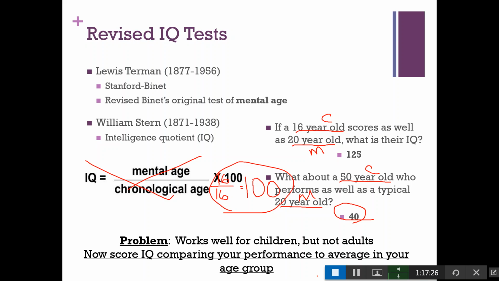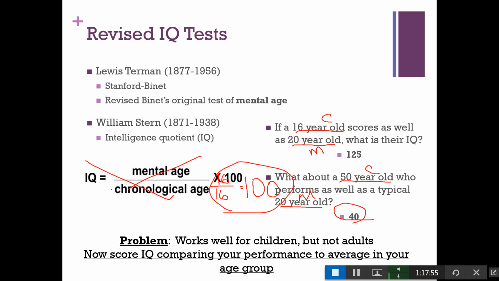And we now compare the performance to the average in your age group. Everybody has taken this test at all sorts of age groups, so if you're in your 50s, for instance, your score will be compared to people also at your age level, right? That gives you a better indication of your performance, because we're not doing this weird mental versus chronological age. But make sure you know the difference between the two come test time.